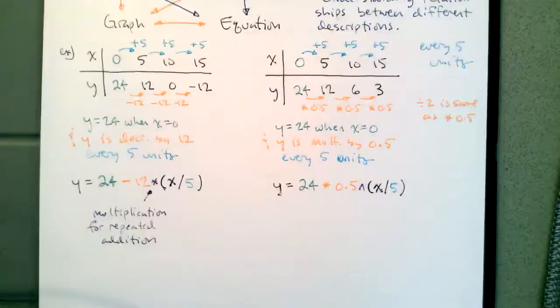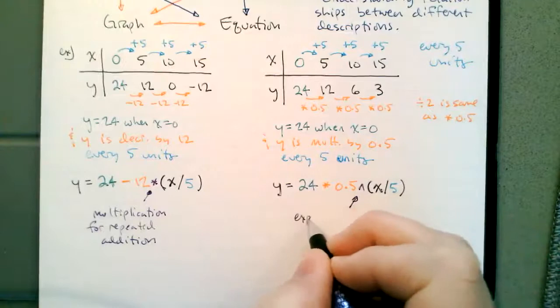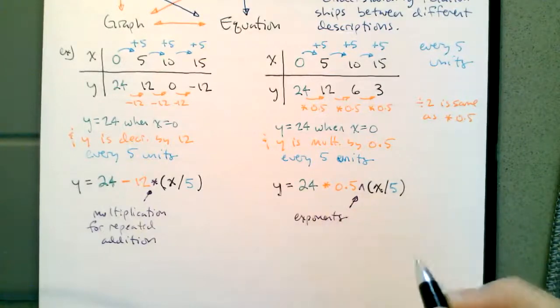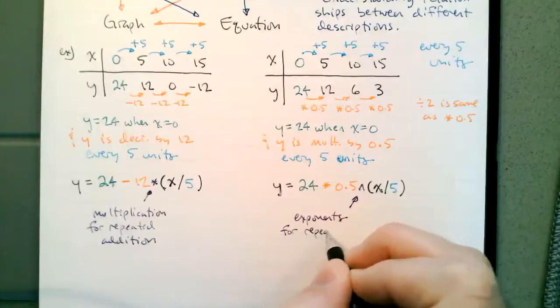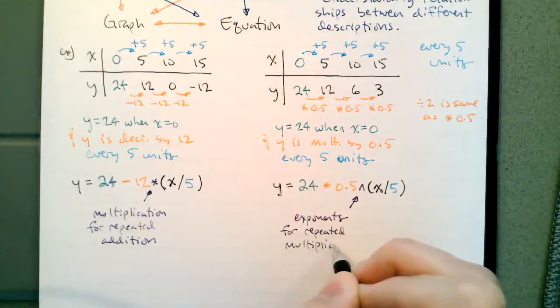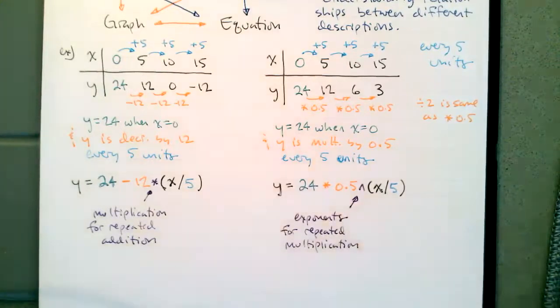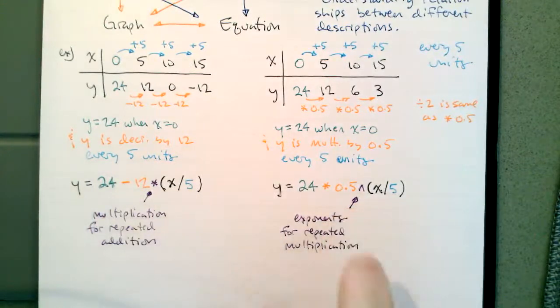X over 5 is the number of times that we do whatever it is we said we're going to do. X over 5 is the number of times we either subtract 12 or multiply by 0.5.